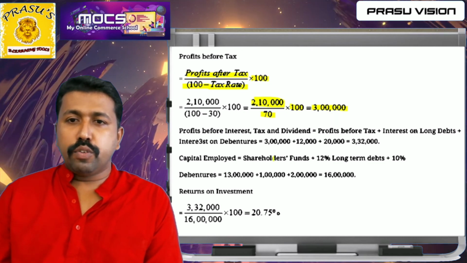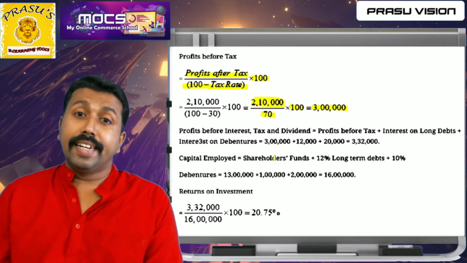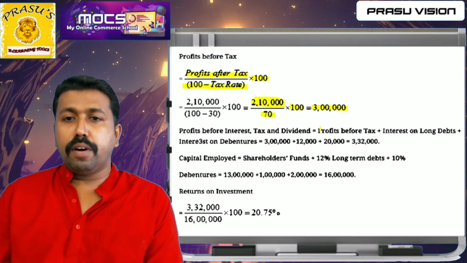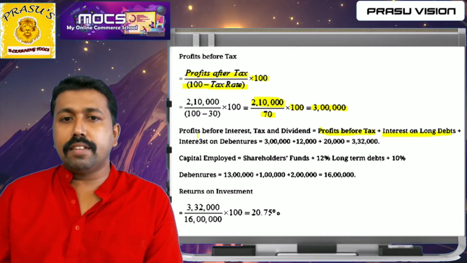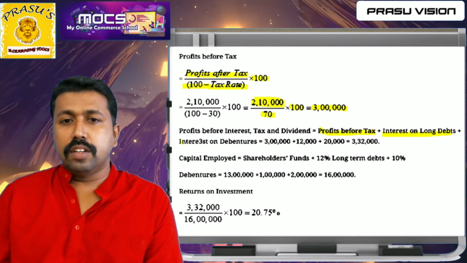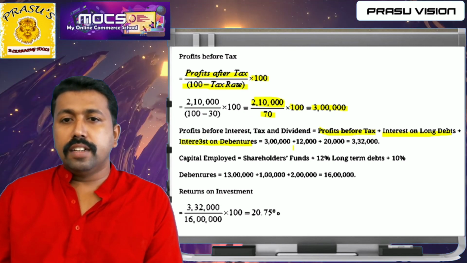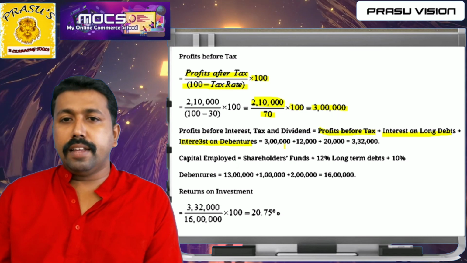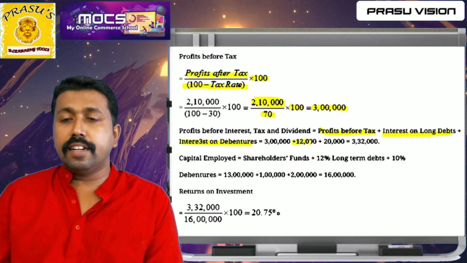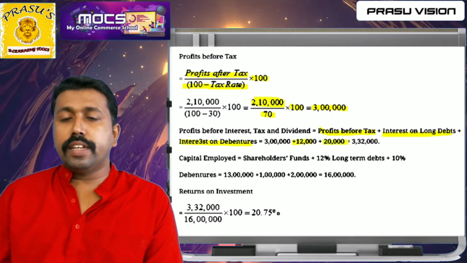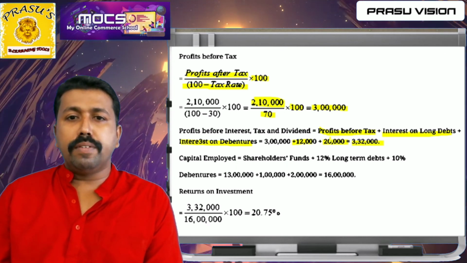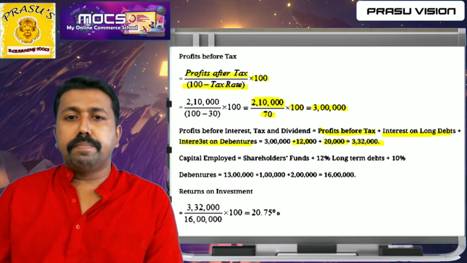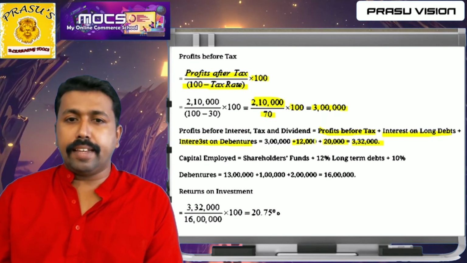And we have to find out the value of profit before interest and tax. So profit before tax is 3 lakh plus interest on long term debt and also interest on debentures. We can calculate 3 lakh plus 12,000 the interest on long term debt and also the interest on debenture. We will get 3,32,000 as the value of profit before interest and tax.